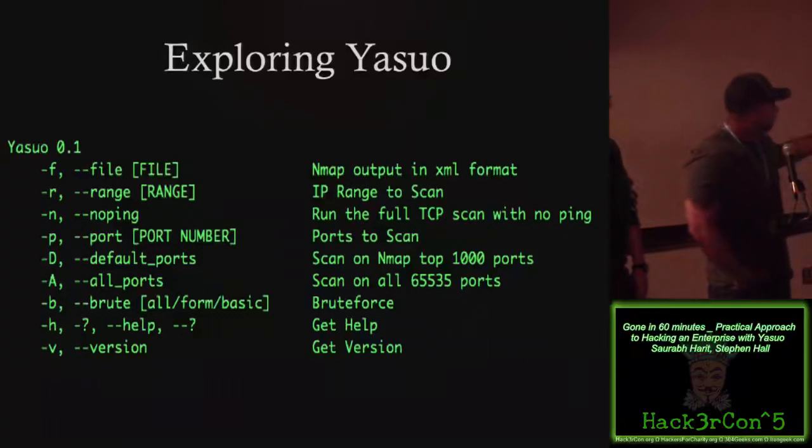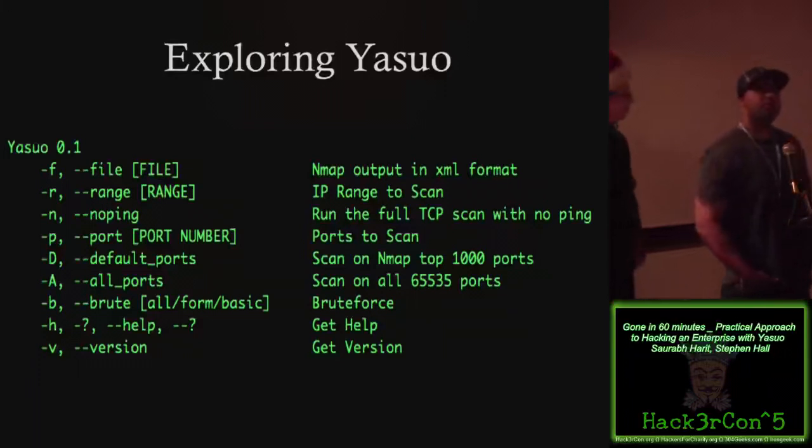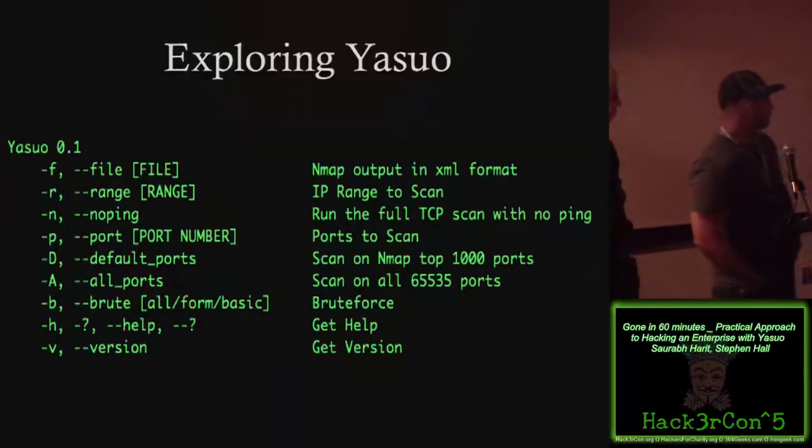Now, the rest of the switches are standard to Nmap. So -N is for no ping, if you don't want to ping, say if the network is being filtered or ICMP packets are not allowed. -P to specify ports, uppercase -D to specify all the default ports, -A will just scan on all the ports. -B is for brute forcing.